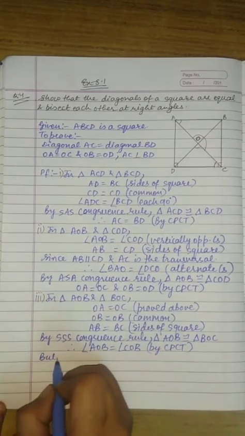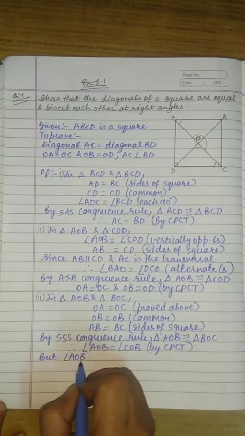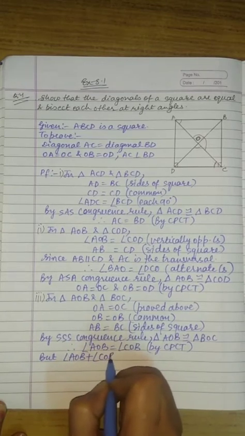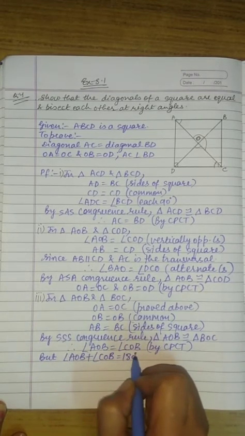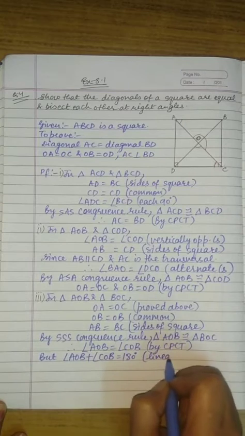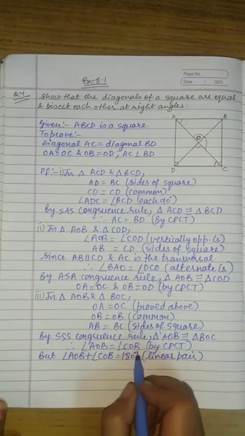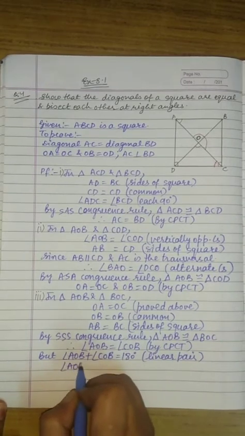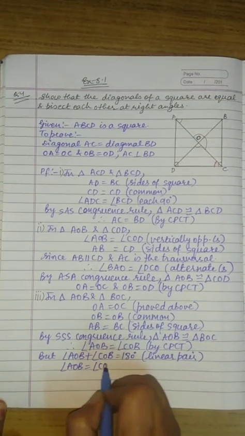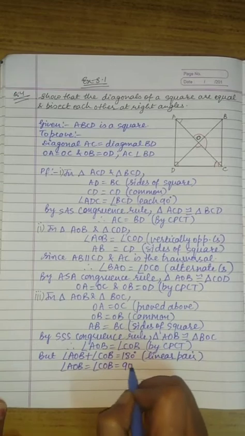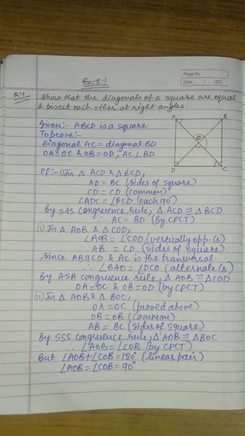So we will write, but angle AOB plus angle COB is equal to 180 degree, linear pair, and both the angles are equal, so angle AOB is equal to angle COB are equal to each 90 degree.